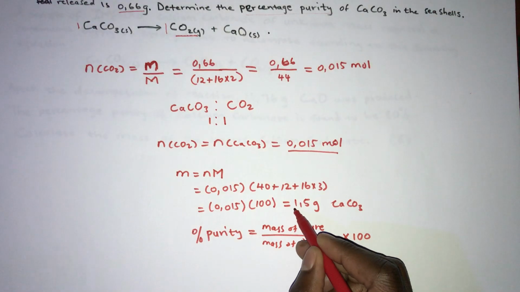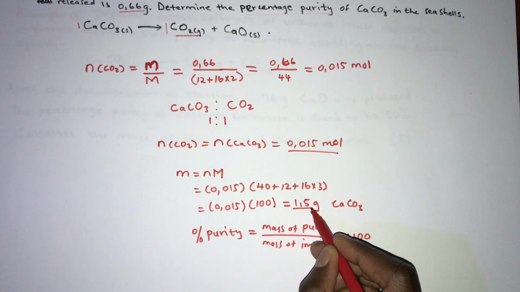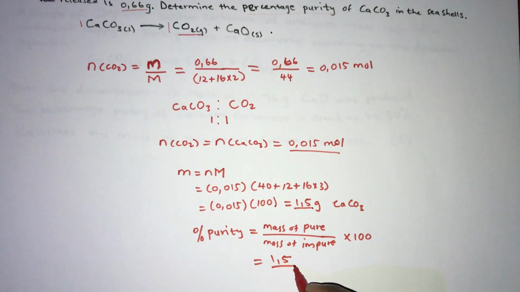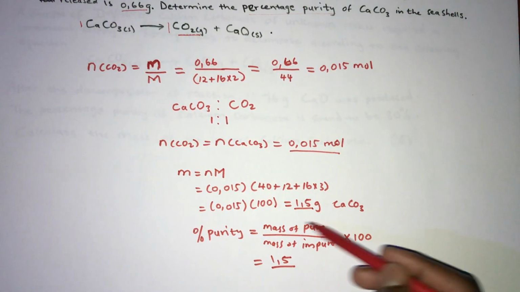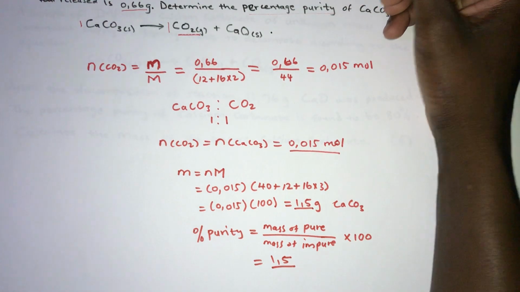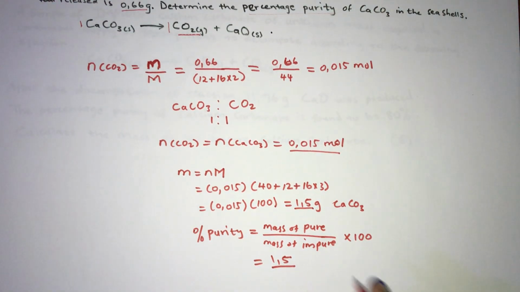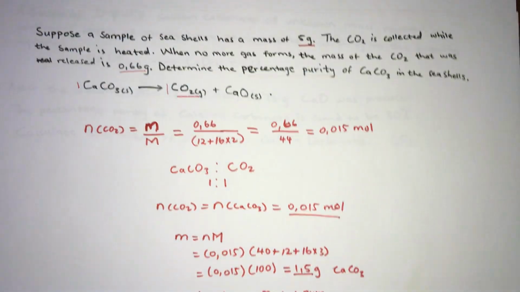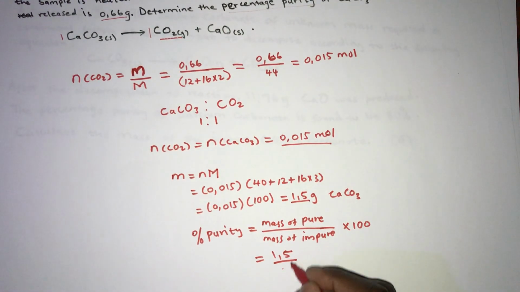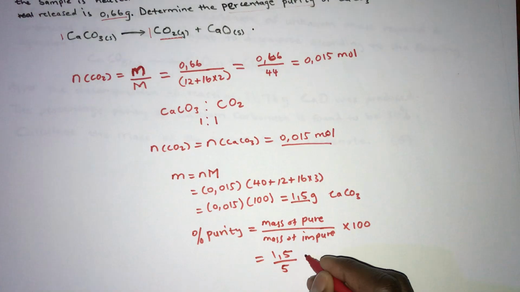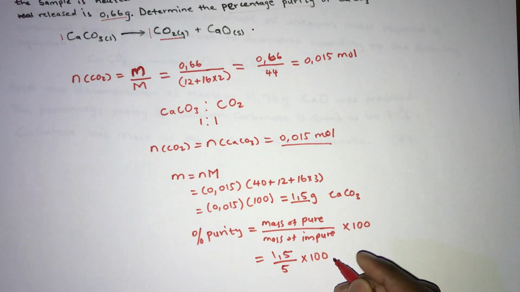The mass of the pure calcium carbonate is 1.5, and the mass of the impure calcium carbonate is 5 grams, as given in the statement. So it's 1.5 divided by 5, and then we multiply by 100.